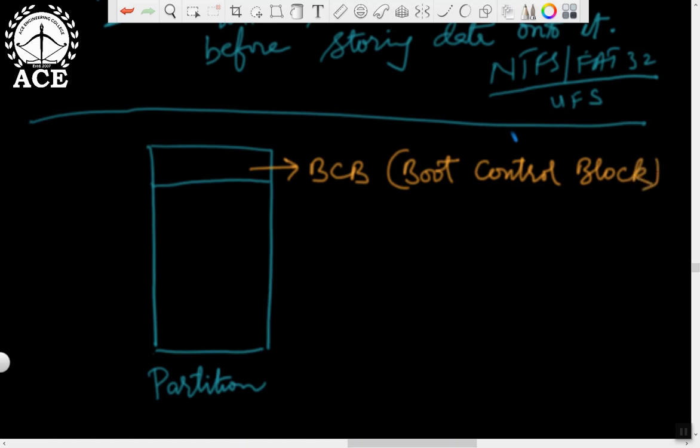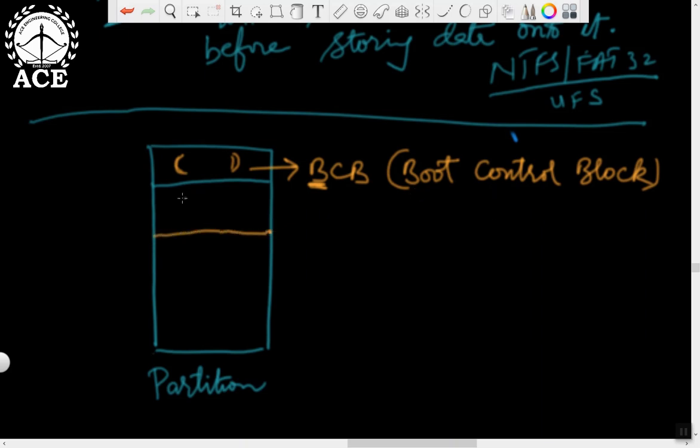In case, as I said earlier, primary partitions are bootable. So if I have a bootable partition, then I will store the first operating system program here. Boot means booting the operating system. So the first operating system program will be stored here like kernel.exe, init program, all will be stored here in case if the partition is primary partition and having operating system onto it.